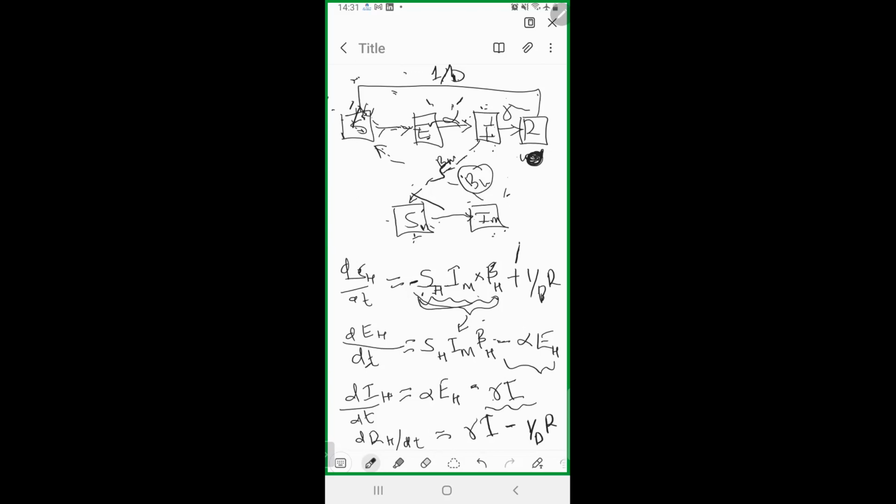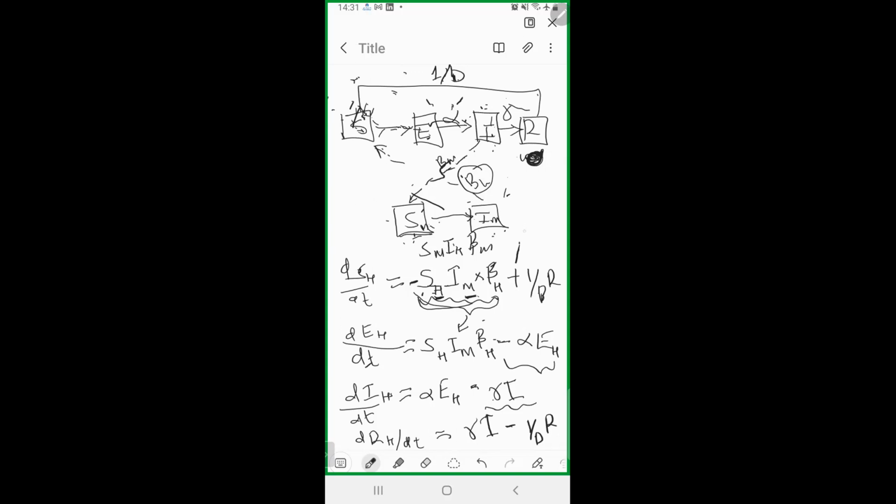Remember, the rate of leaving is beta times the susceptible mosquito and the infected humans. If you look here, it was the susceptible humans and the infected mosquito. But here it's the mosquitoes which are susceptible, so it will be S_M, I_H. They are biting infected humans. And then beta, the infection rate, the force of infection for the mosquito.